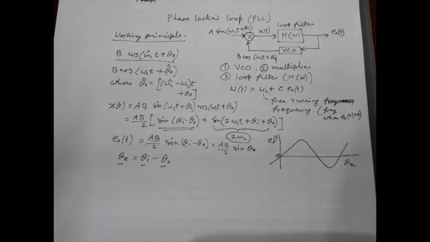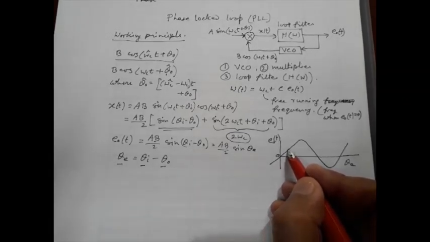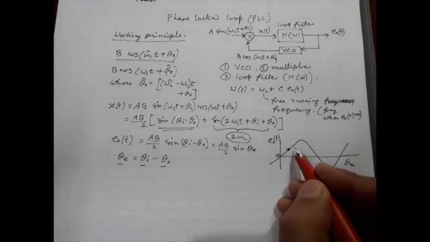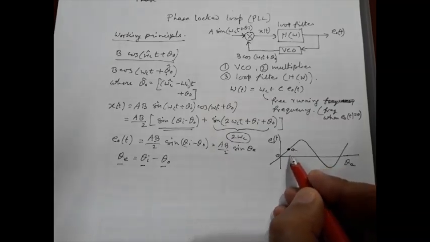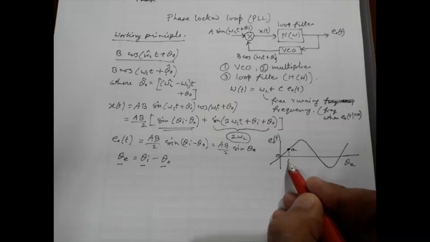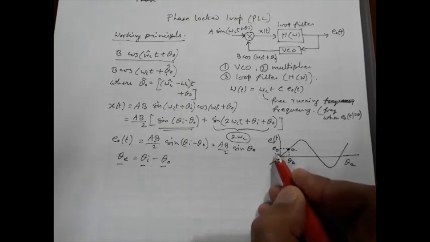So suppose under this condition the operating point is this, say at point A, corresponding theta E is this, corresponding E0 is this.